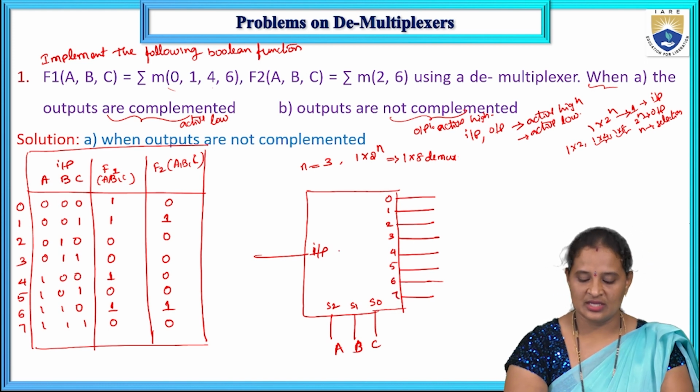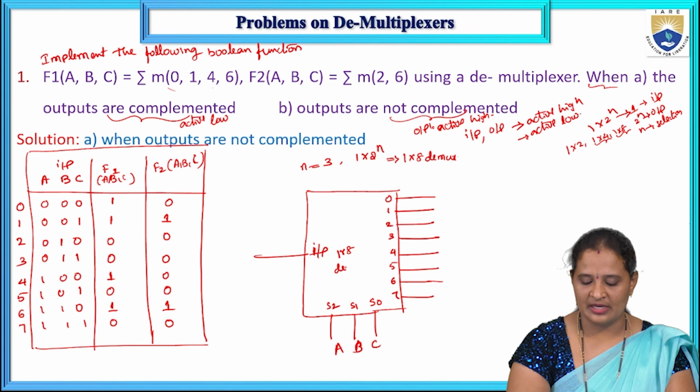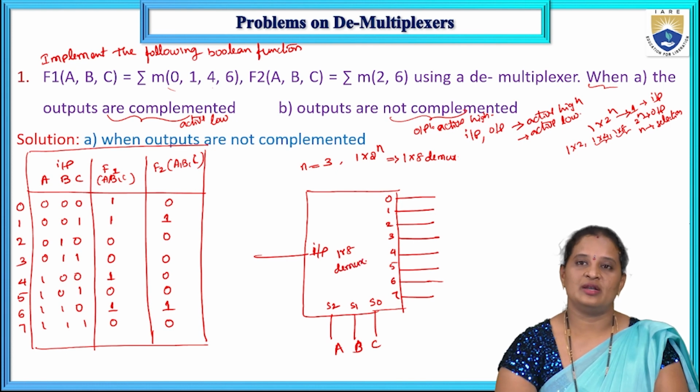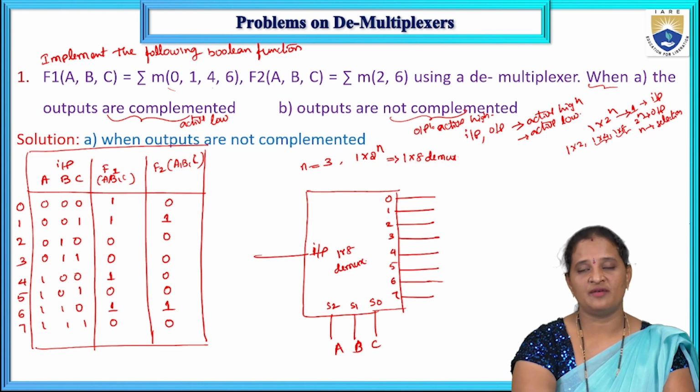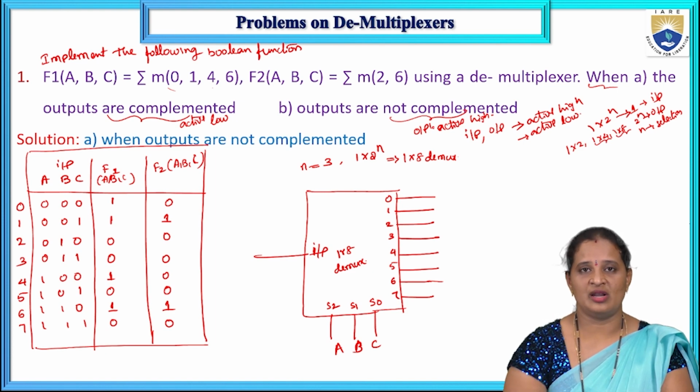So this is a 1 to 8 demultiplexer. Now I want to implement both the functions using the same demultiplexer.